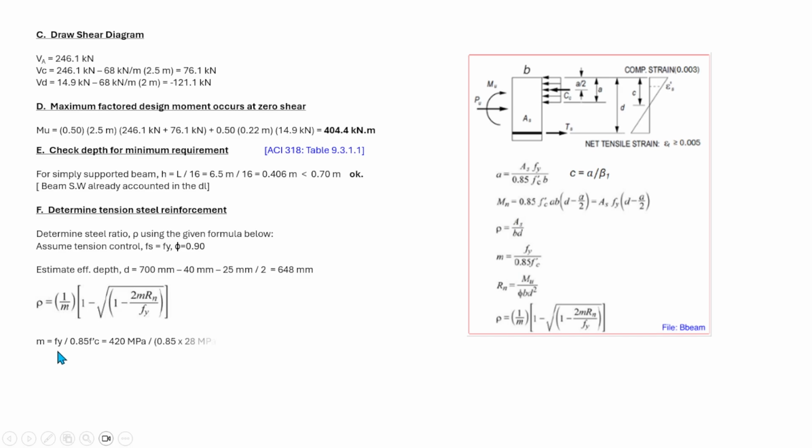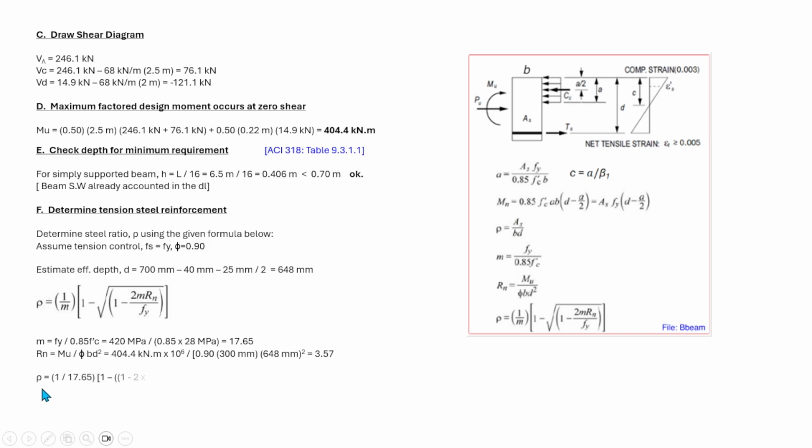So m is equal to fy over 0.85 fc', that is 420 over 0.85 times 28, which is equal to 17.65. For Rn, that is equal to Mu over φbd squared, which is 404.4 kilonewton meter times 10 to the power of 6 over 0.9 times 300 times the depth, 648 squared, which is equal to 3.57. That is for Rn.